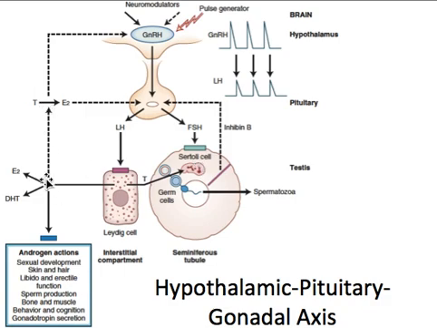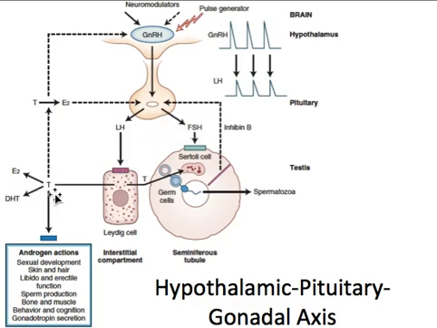Your testosterone can also be converted to your dihydrotestosterone or your estradiol. And the actions of all these androgens will contribute to sexual development, skin and hair, libido and erectile function, sperm production, bone and muscle, behavior and cognition, as well as effects on gonadotropin production.